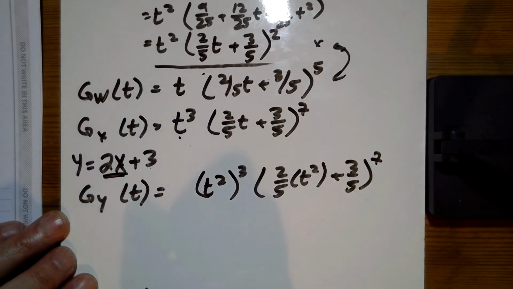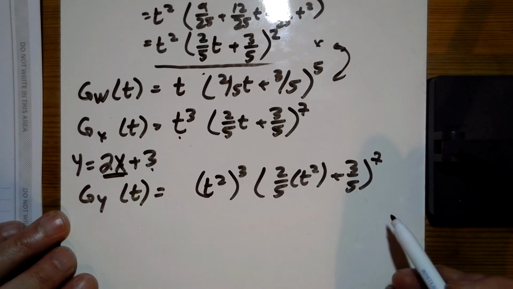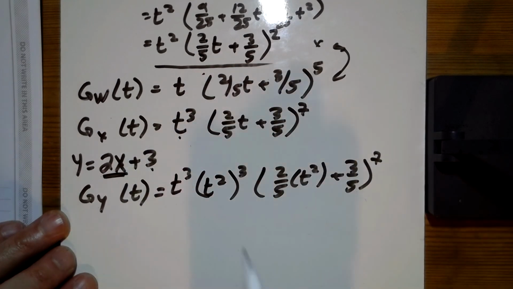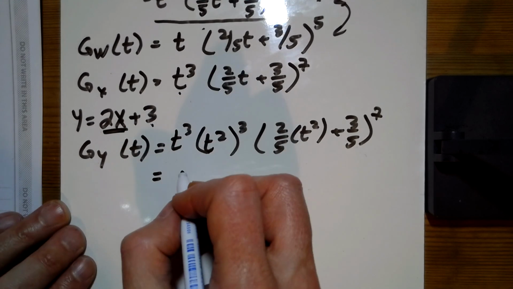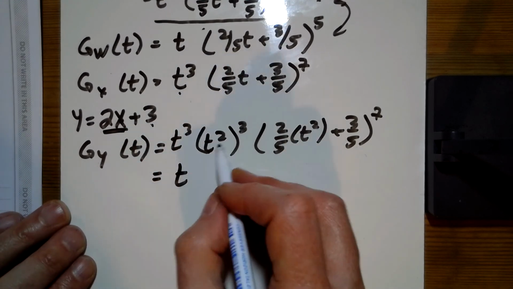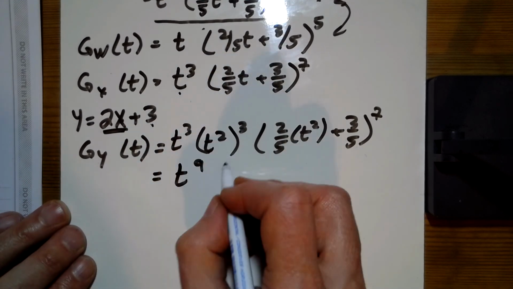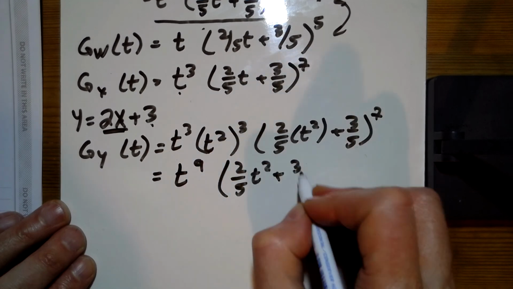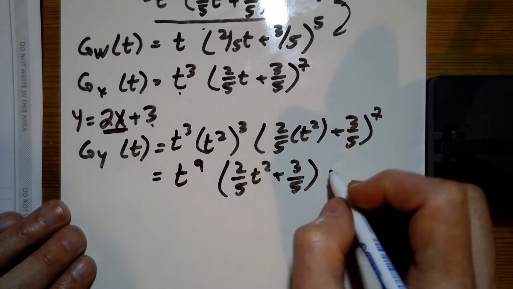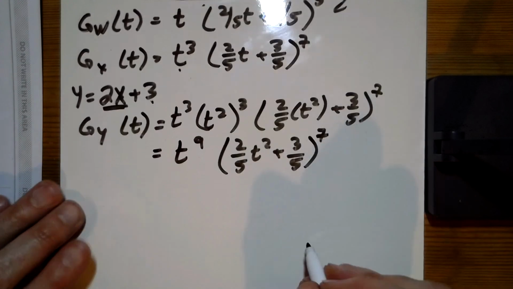That's that bit dealt with. We also want to add 3 to it. So that means that we want all the powers to go up as well. So I need an extra t cubed out of all of that. It does say in its simplest form. So I'm looking there, that's t to the power of 6, 7, 8, 9, and then 2/5 t squared plus 3/5 all to the power of 7.